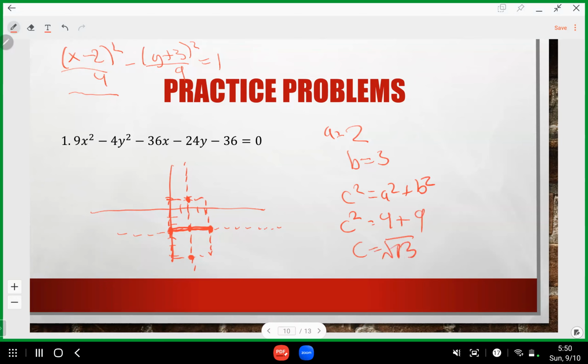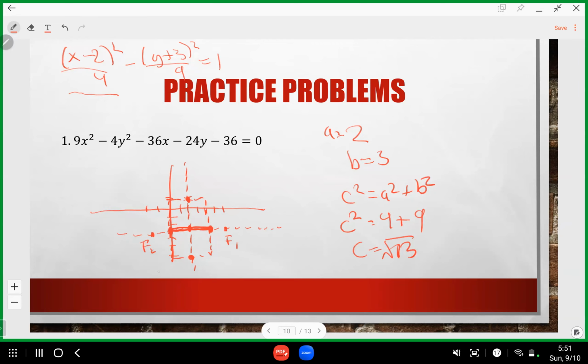So let me just use the calculator to approximate this. Square root of 13 is like 3.6. So to get the foci, we're going 3.6 this way and then 3.6 this way. See how we have foci 1 and foci 2 here?